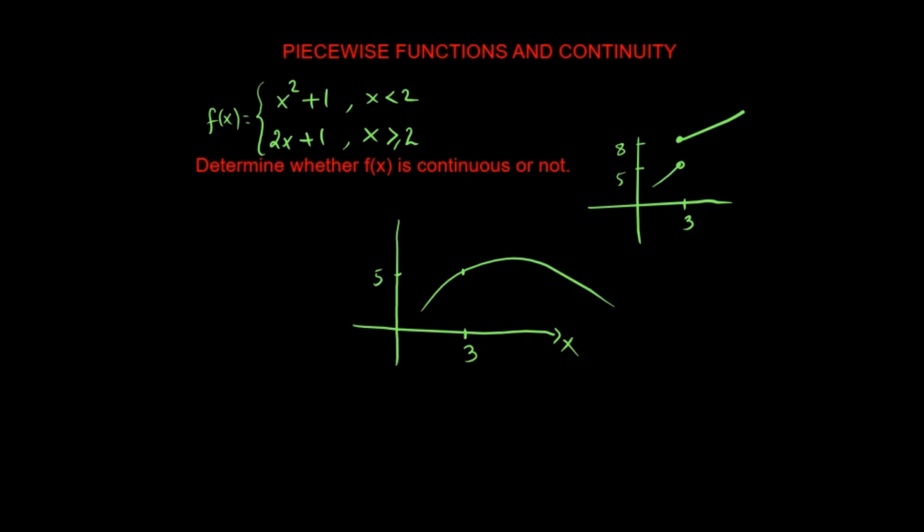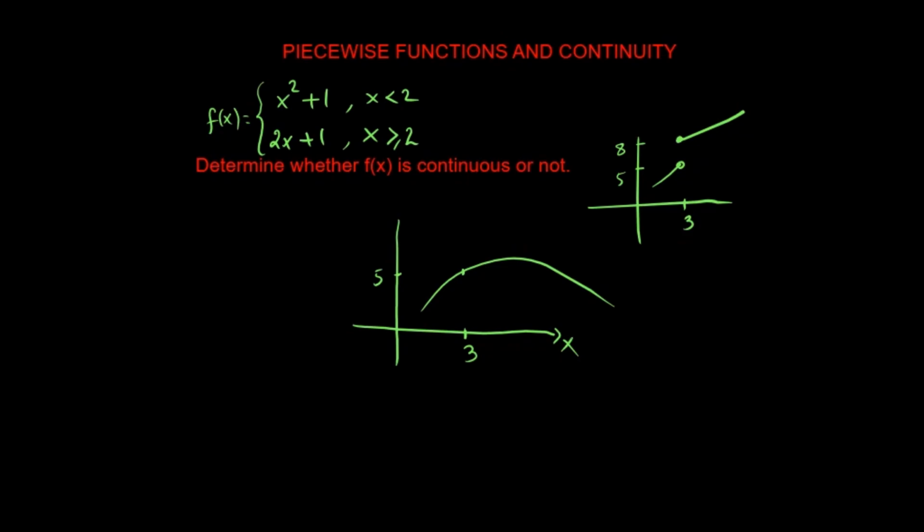At 3, the function is here, which is 8. And right after 3, the function is still here, which is 8. Now in this case, before 3 is 5, at 3 is 8, and after 3 is 8. All three numbers are not the same, so the function will not be continuous at 3.